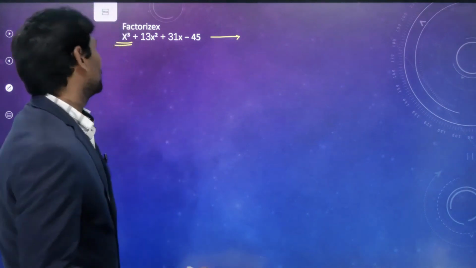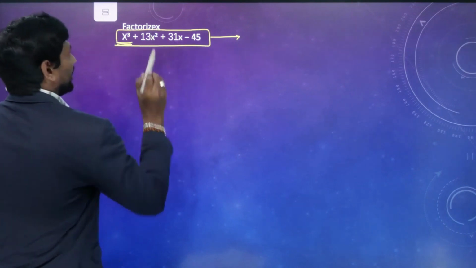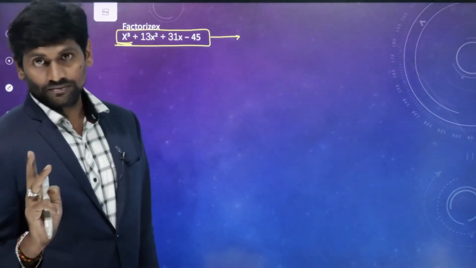Roots are solutions. If a polynomial has degree 3, it will definitely have 3 roots or 3 solutions. In the same way, a degree n polynomial has n possible solutions. So for this cubic equation, we need to find 3 solutions.